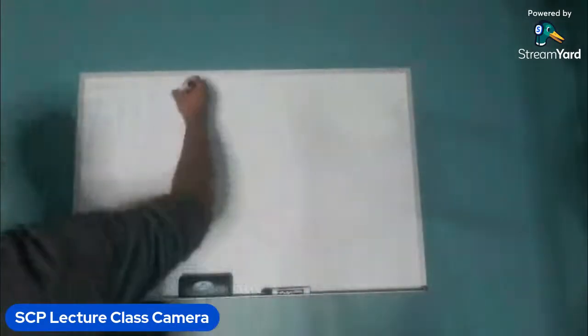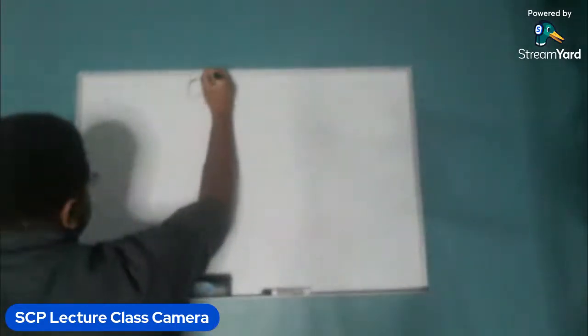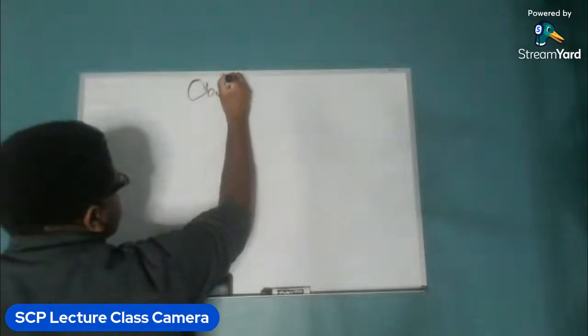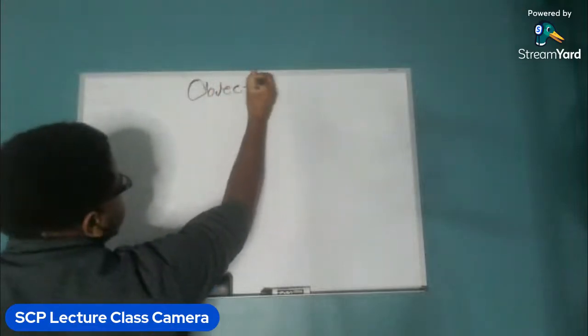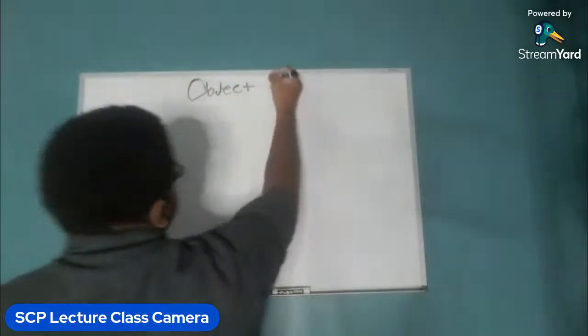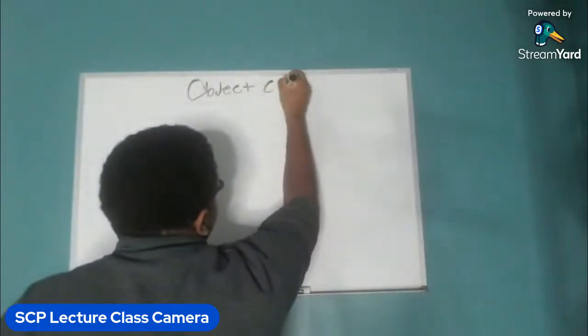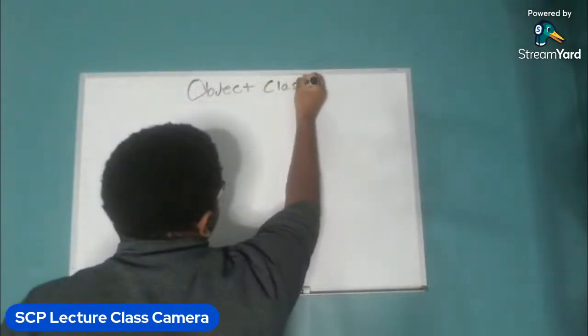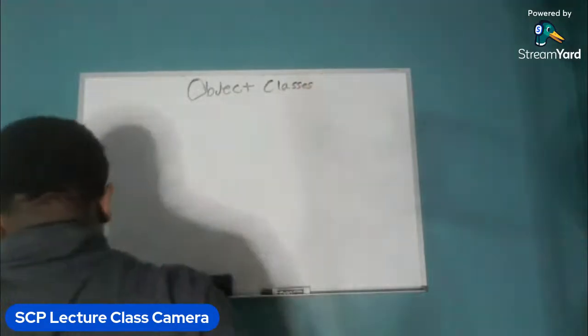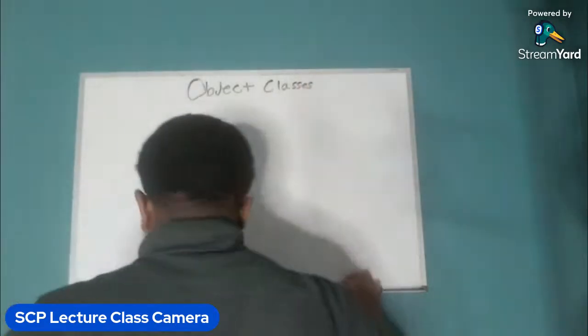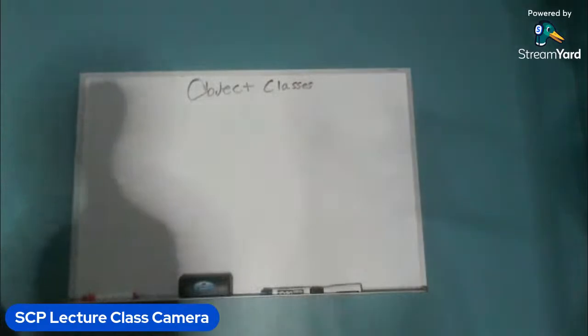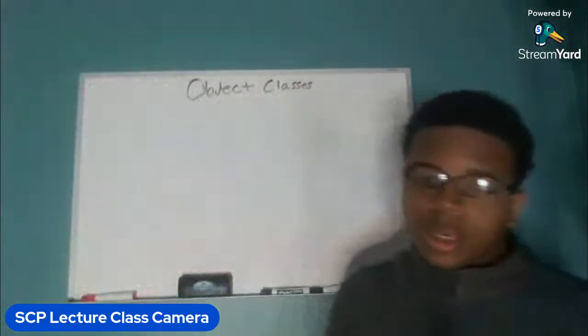Object classes. So when I'm going to be explaining these, I'm going to be drawing them, so there's a better example as to what I mean. Object classes. Now keep in mind, classes doesn't exactly refer to sitting in a class or something like that.